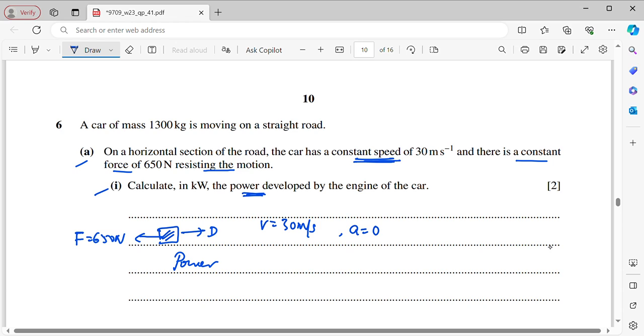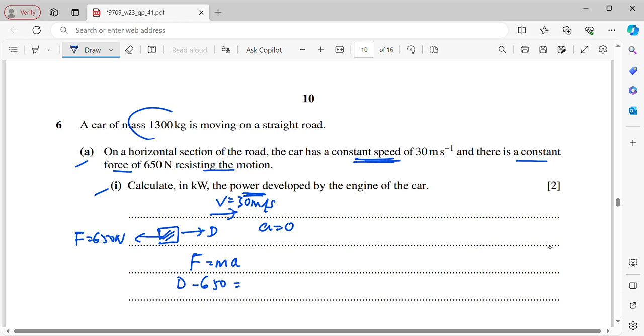From here we know that power equals F times V. Before we get the power, we need to get the F. So probably I start with Newton's second law, F equals ma. Based on this diagram, that is your V. The F is basically D minus 650.